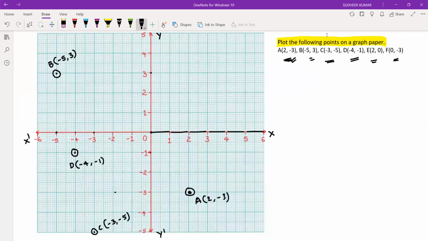if any one of the coordinates is 0, it does not belong to any quadrant. The point lies on one of the axes. Suppose we take point E: if the y coordinate is 0, the point lies on the x-axis. In the same way, if the x coordinate is 0, the point lies on the y-axis. So point E is (2, 0). Since the y coordinate is 0, the point lies on the x-axis at 2.